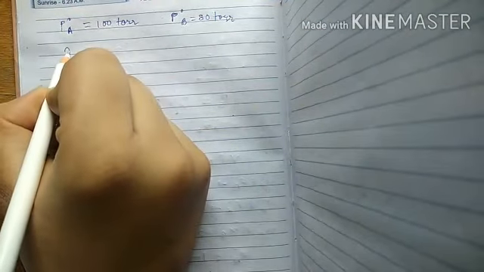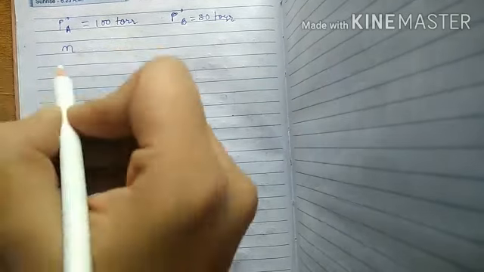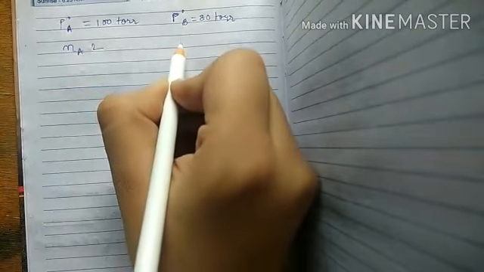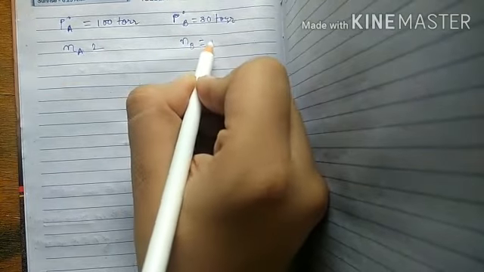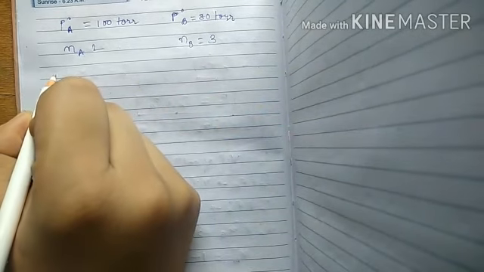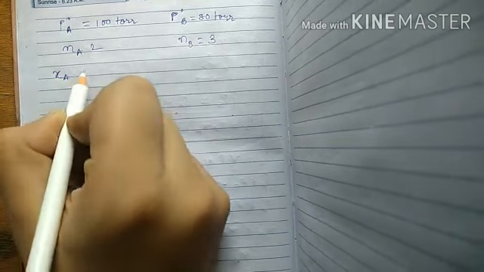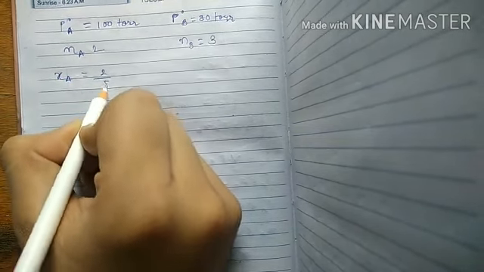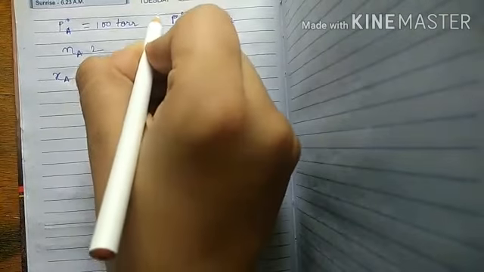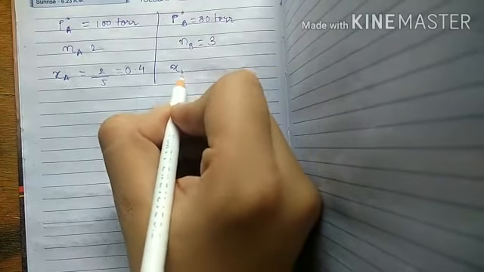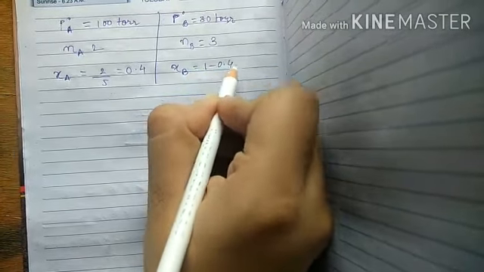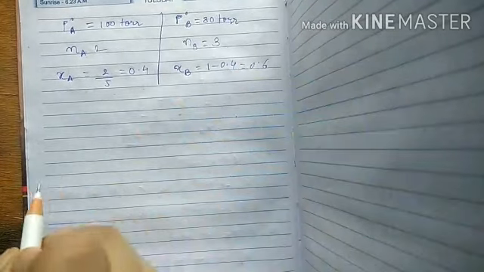Then the moles are given as 2 for A and 3 for B. So we can easily find out the mole fraction, which is equal to moles upon total number of moles. That for A is 0.4 and for B it will be 1 minus 0.4, which is equal to 0.6.